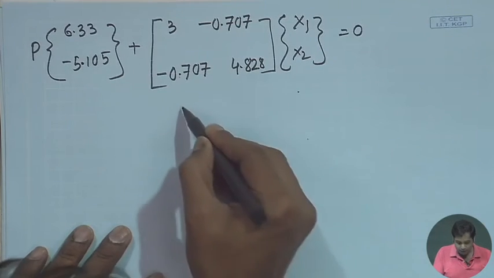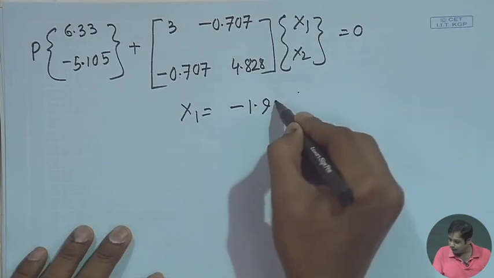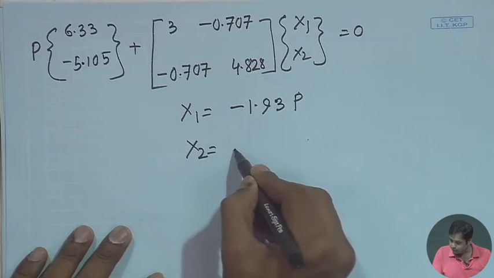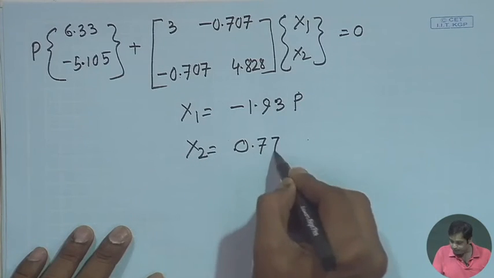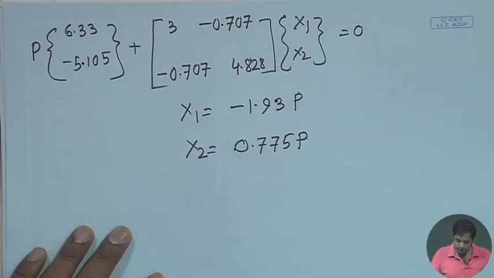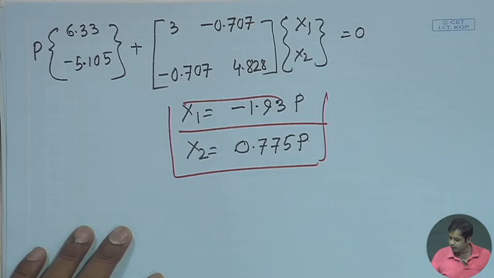Finally, if you solve them, you get x1 equal to minus 1.93 P, and x2 equal to 0.775 P.